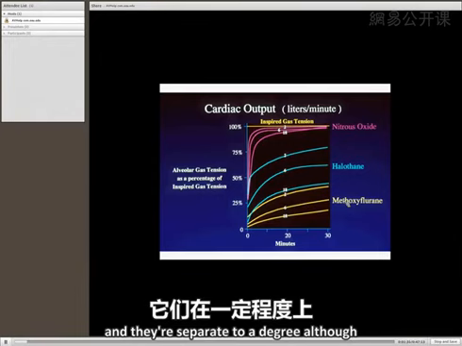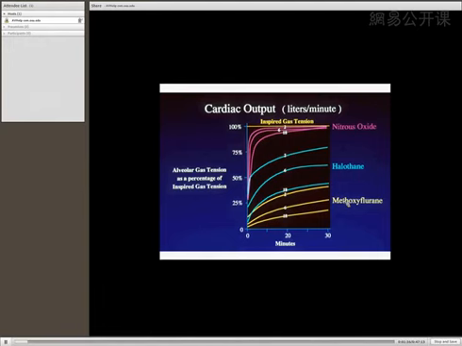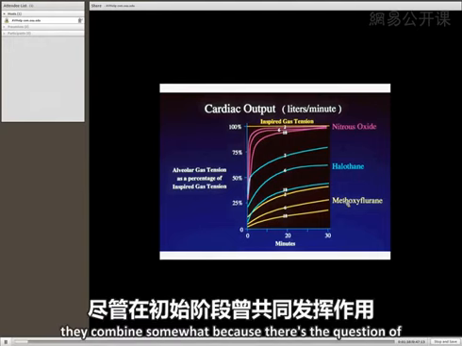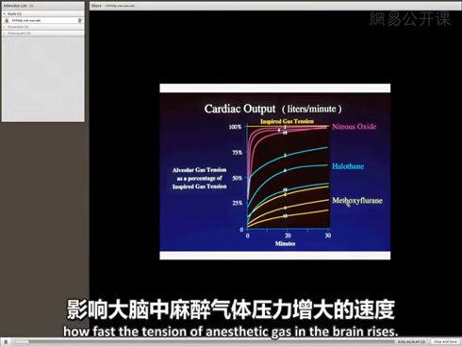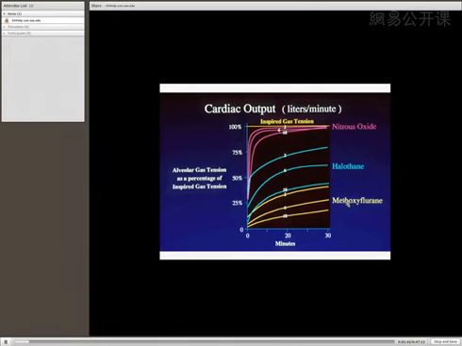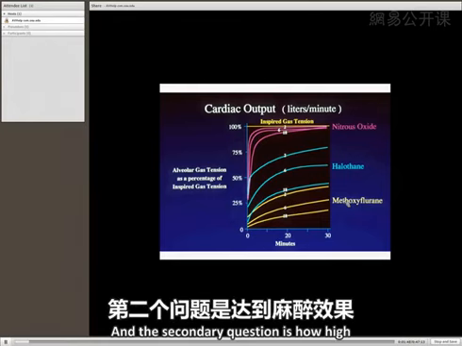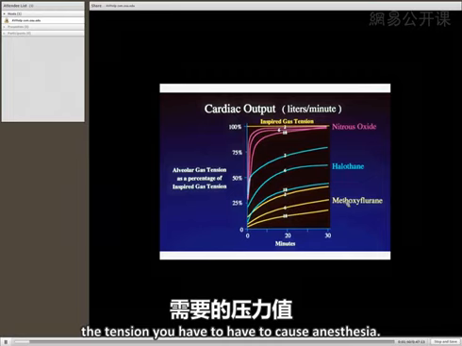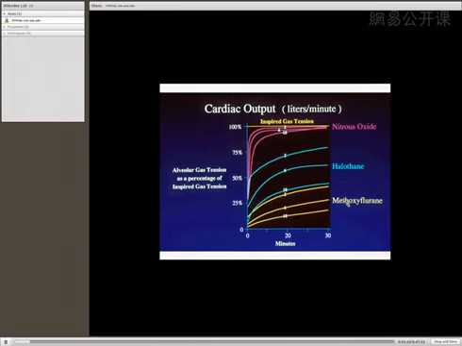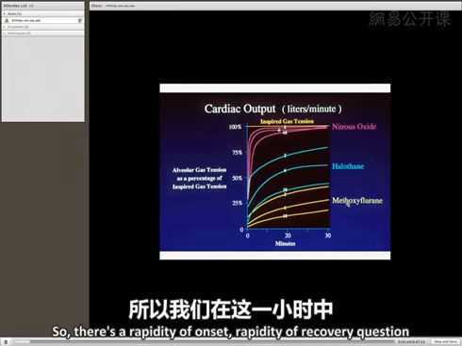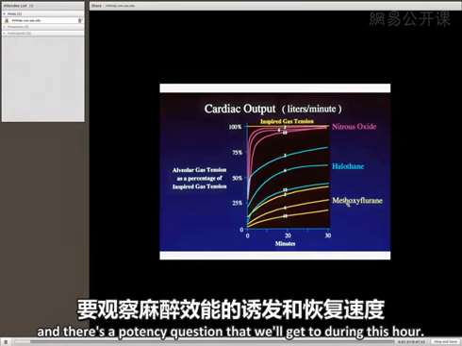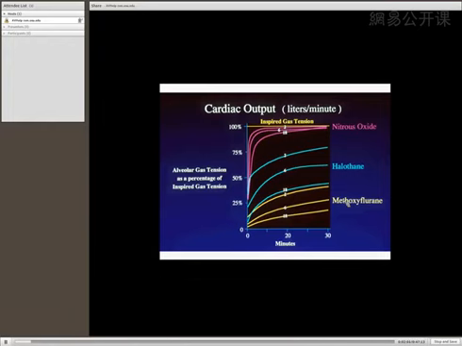They're separate to a degree, although during the induction phase they combine somewhat, because there's the question of how fast the tension of anesthetic gas in the brain rises, and the secondary question is how high a tension you have to reach to cause anesthesia. So there's a rapidity of onset and recovery question, and there's a potency question that we'll get to during this hour.